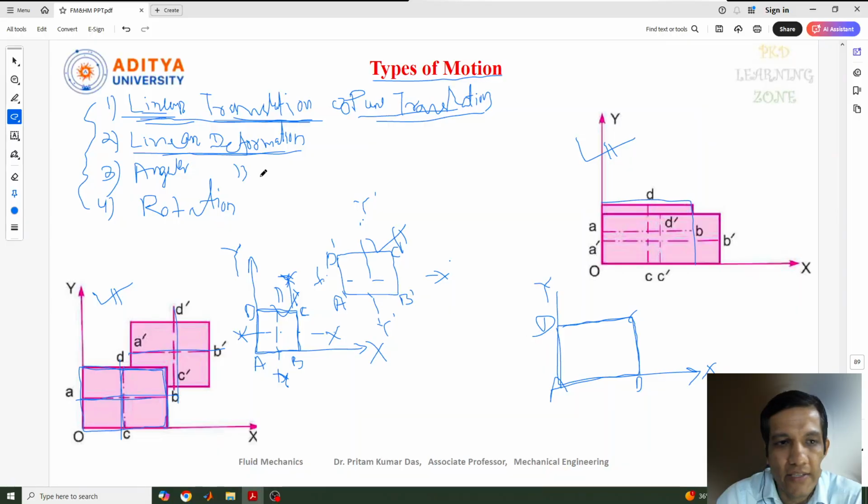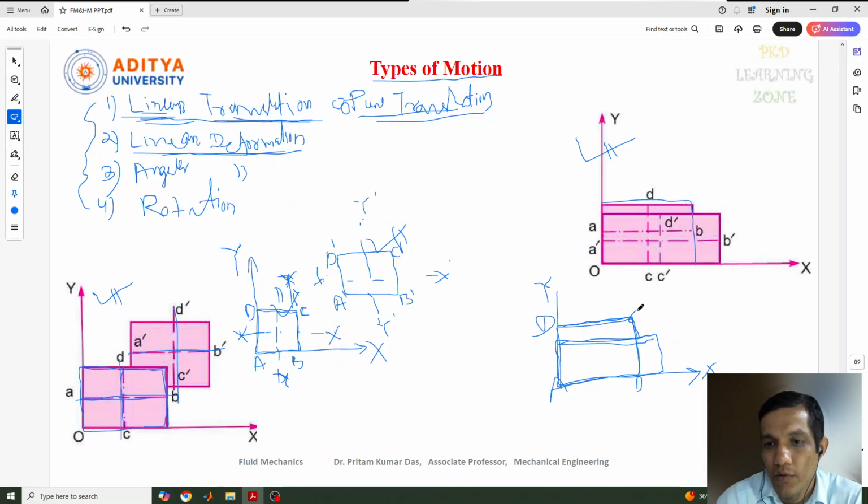Now deformation means it should be changed. Some deformation should happen either lengthwise or height-wise. When the deformation happens, this fluid particle is going to change its position. Now it's going to change like this. Let me draw in this way.